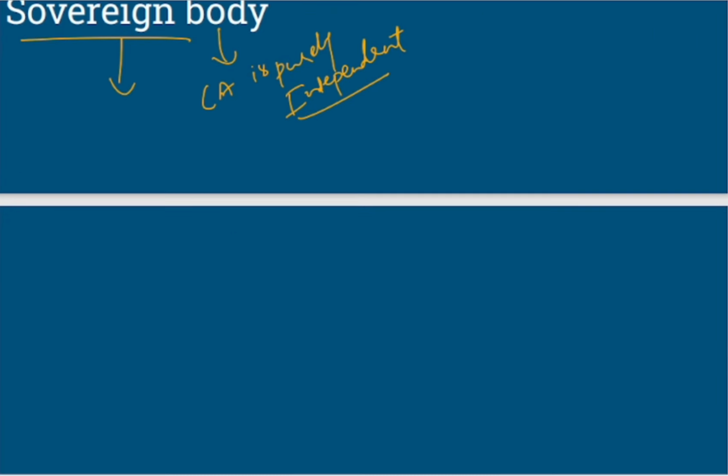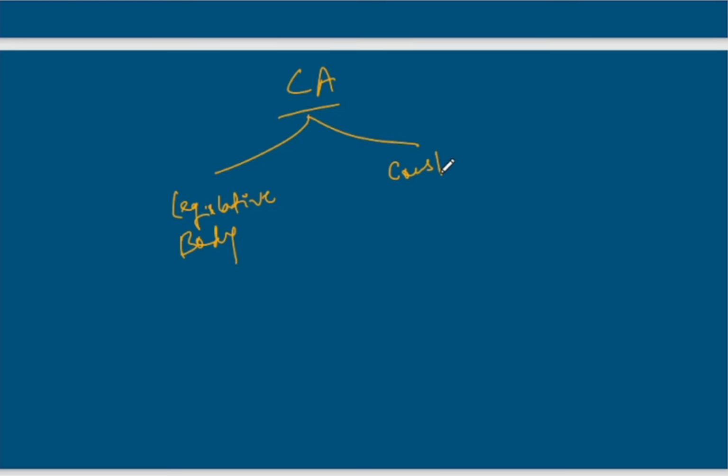Now, the second important change which happened through this Indian Independence Act was that the Constituent Assembly got a dual role, right? The first role was as a legislative body, and the second role was as a constituent body.